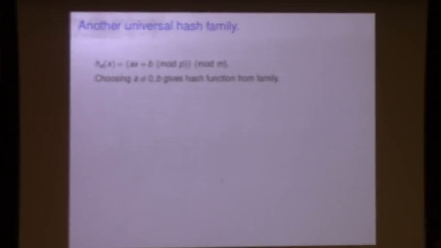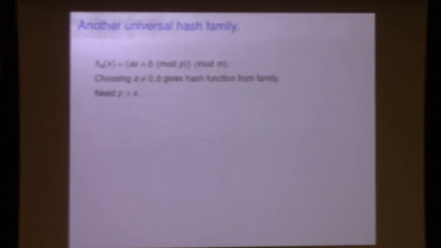In fact, the previous set of hash functions have that undesirable property too. If you pick all the AIs being 0, then your hash function is not very good. It maps all the items to 0. But that's fine. It still meets the definition of universal hash functions. It's just you really hope you don't choose 0 because that would be bad.